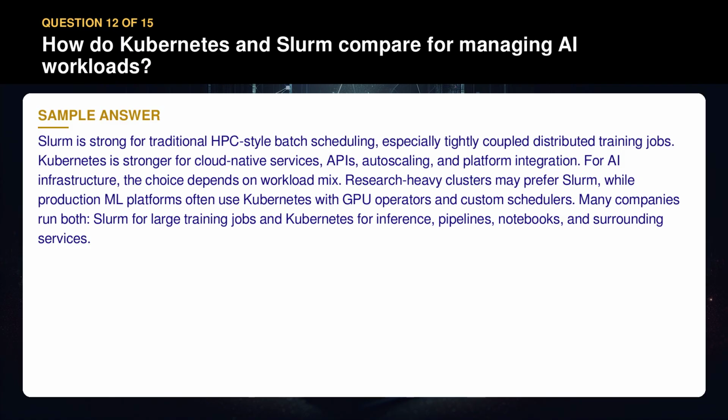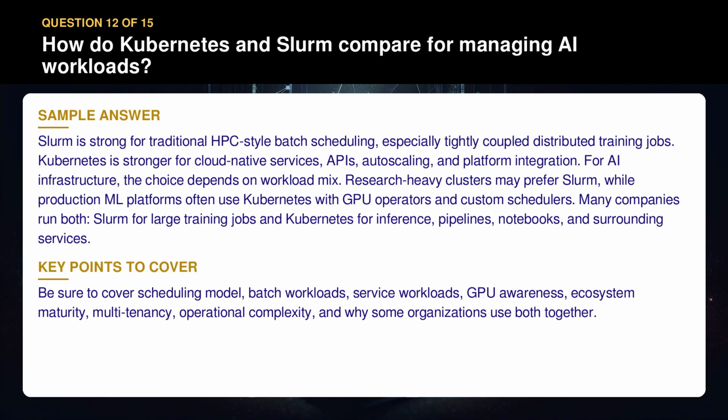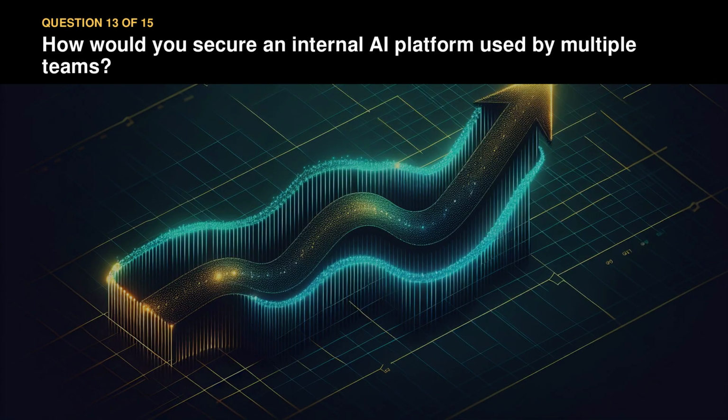Many companies run both, Slurm for large training jobs and Kubernetes for inference, pipelines, notebooks, and surrounding services. Be sure to cover scheduling model, batch workloads, service workloads, GPU awareness, ecosystem maturity, multi-tenancy, operational complexity, and why some organizations use both together. Question 13.